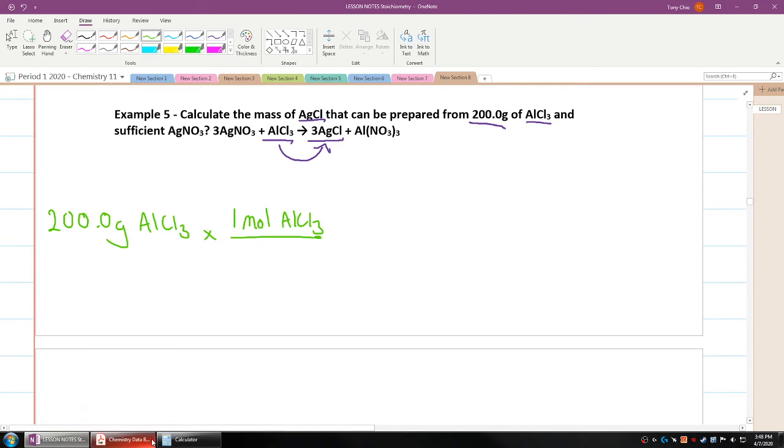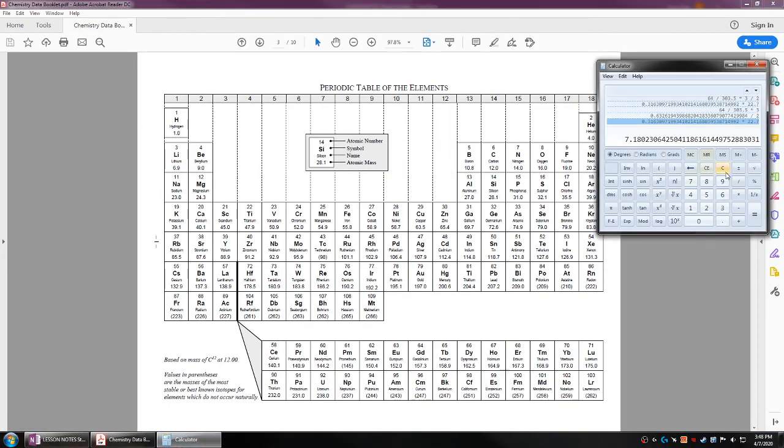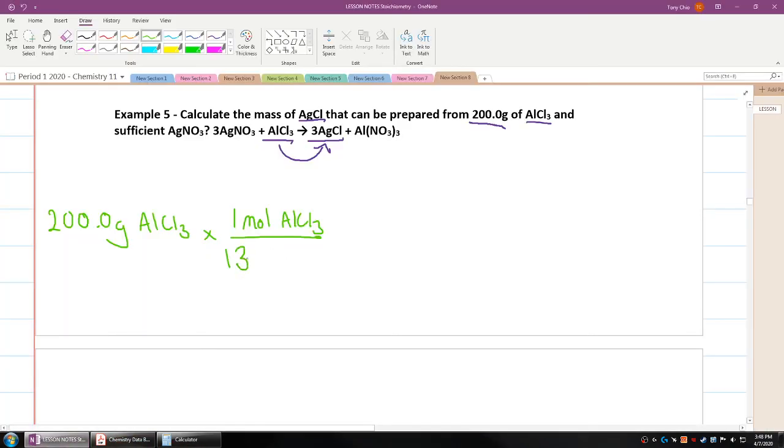So what is the molar mass of aluminum chloride? Well, you can see that chlorine again is 35.5. I have 3 of them. And I add that to aluminum, which is 27. My molar mass ends up being 133.5. 133.5 grams. So my grams will cancel out, and now I'm at moles of aluminum chloride.